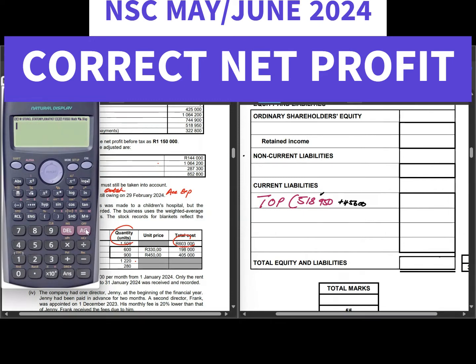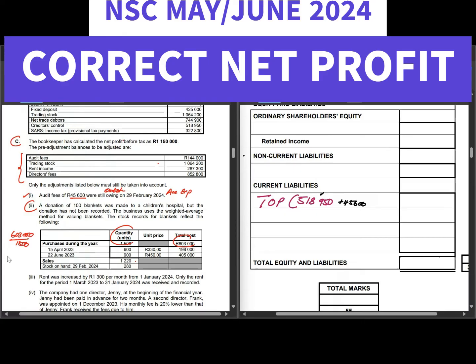So we're dividing 603,000 by 1.5, and that will give you 402. So the weighted average per blanket is 402, and we know that 100 blankets were donated.